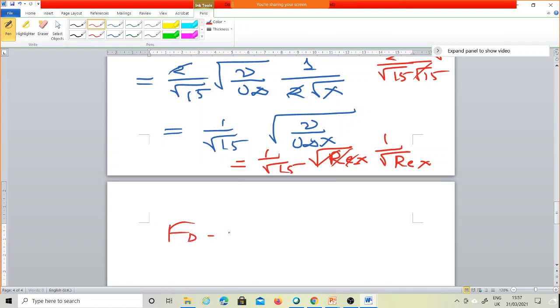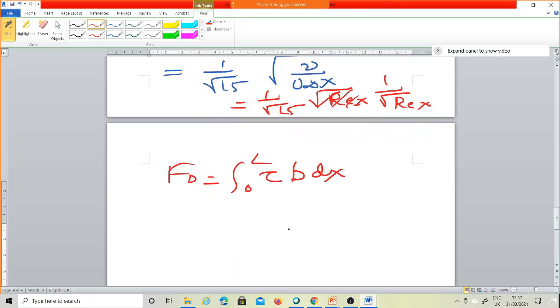Fd is equal to the integral from 0 to L of tau B dx. So we just put the value of tau here again. Sometimes we call this FD, sometimes we write FL, where L means the length, or the drag over the length.